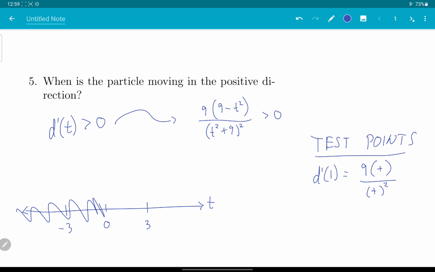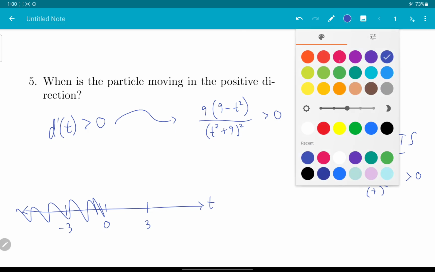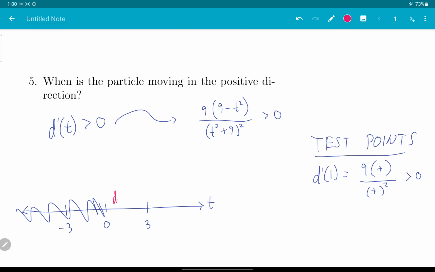I don't have to actually calculate these things. Just to be clear, this is a plus sign, and this is a plus sign. So I'm just trying to determine whether d prime of 1 is positive or negative, and I can see that it's positive here, because I have a positive number divided by a positive number. So over on my number line, I can write d prime greater than 0.